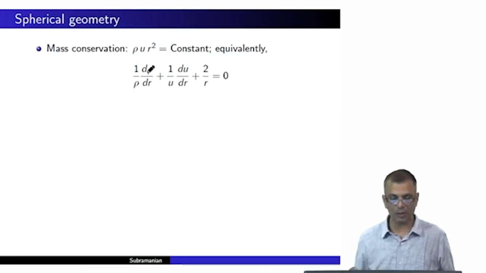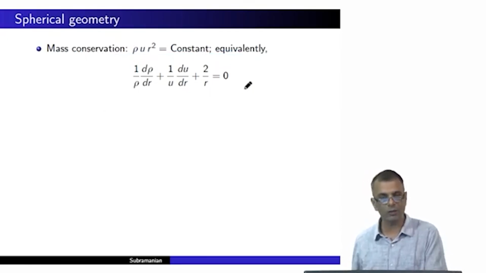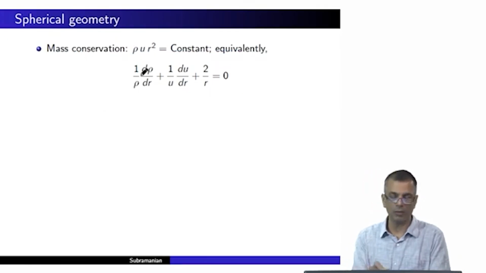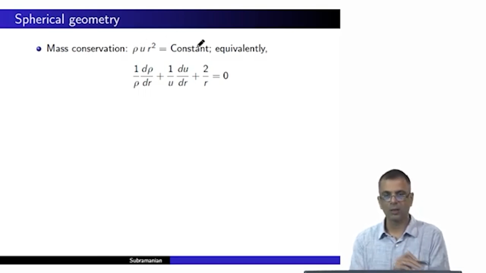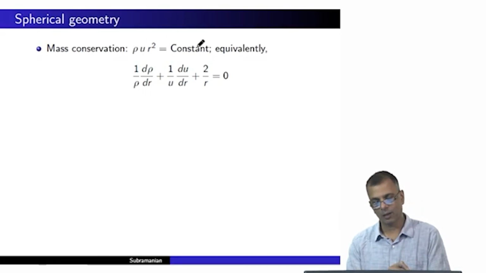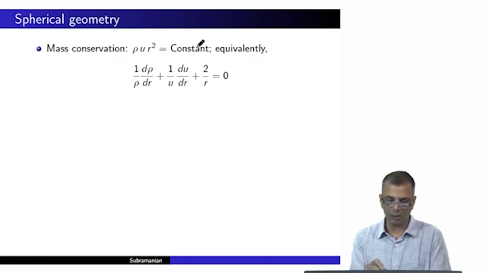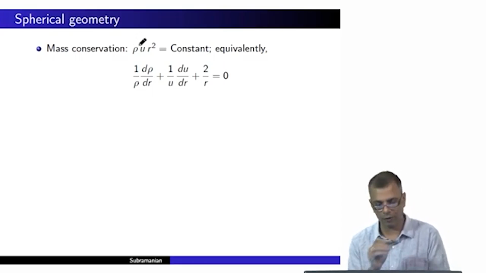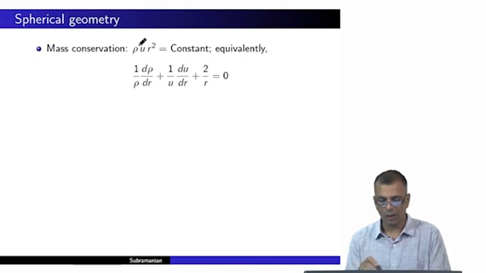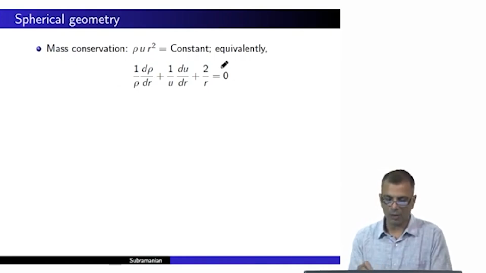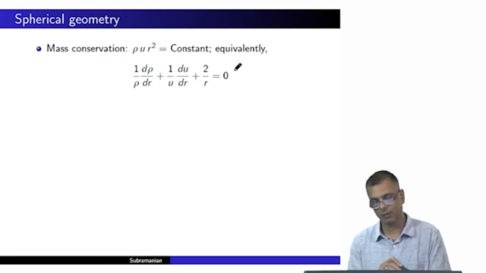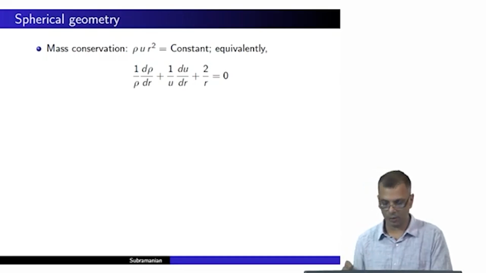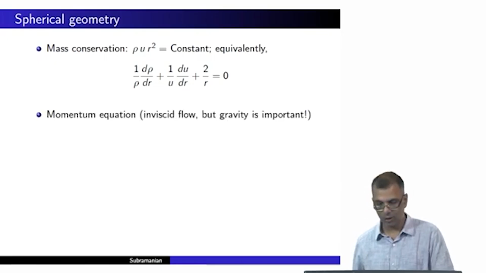What you simply need to do is differentiate both of these with respect to r, and assume that everything, the density as well as the velocity, is a function of r. Okay, so you get this. So differentiating a constant gives you 0, so that's what you get here. So this is the first important equation. So this is the mass conservation equation.